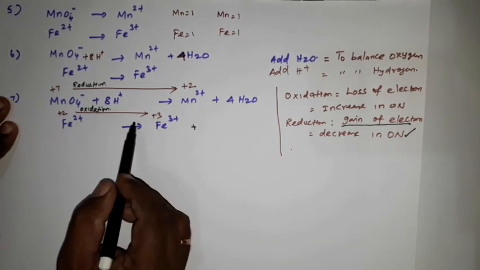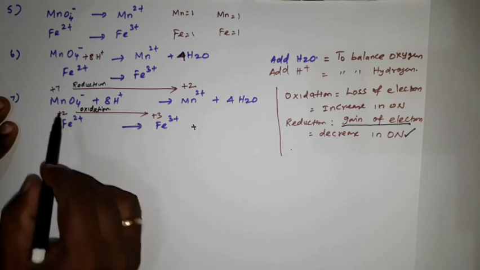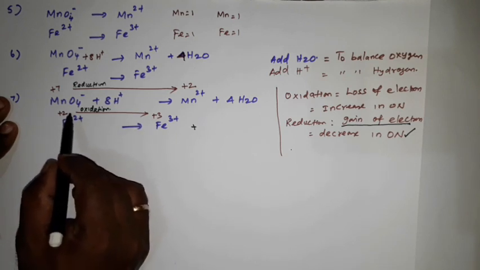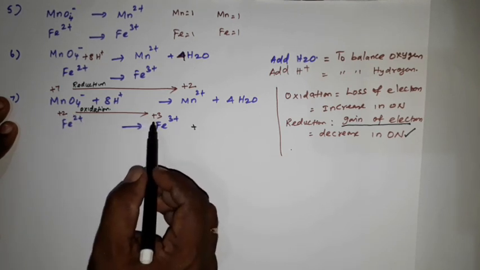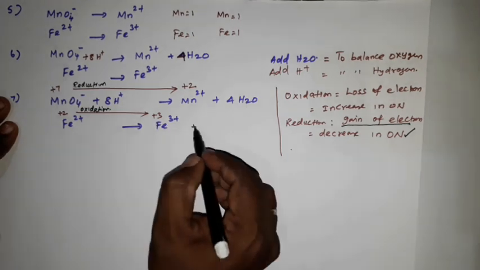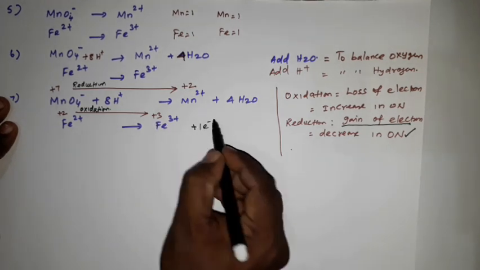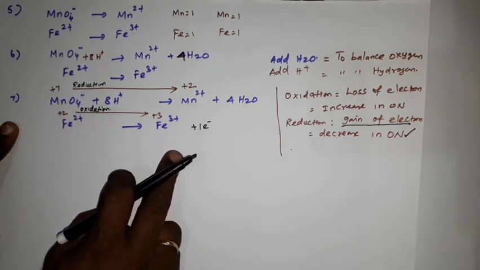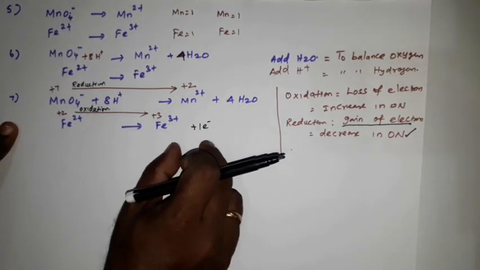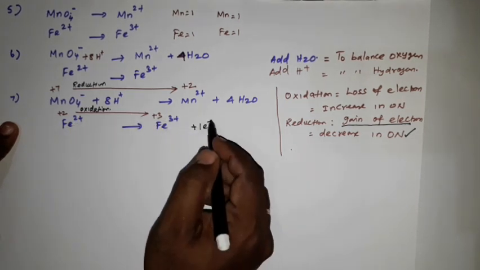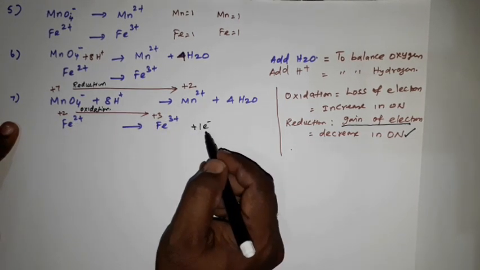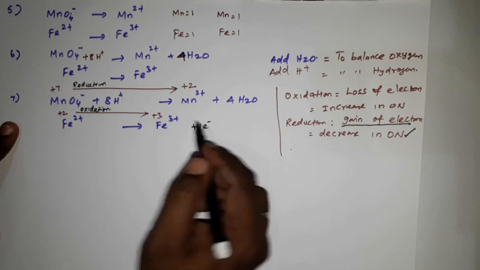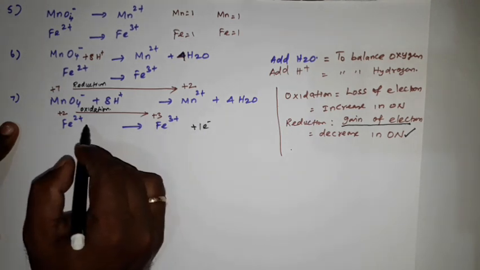The difference is only 1, it is increased, +2 to +3, so the number of electrons lost is only 1. Clear? 1 electron is lost here. So for loss of electron, oxidation, always write the electron on the product side. Don't write it on the reactant side.